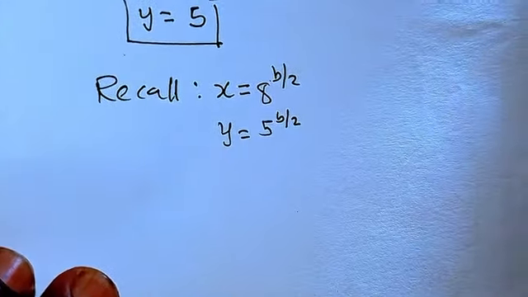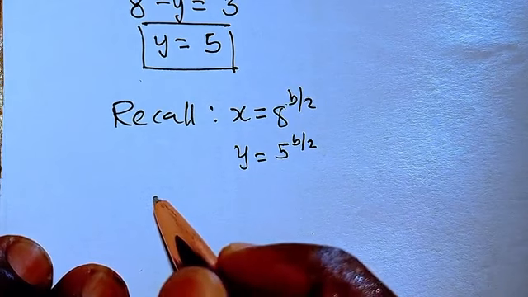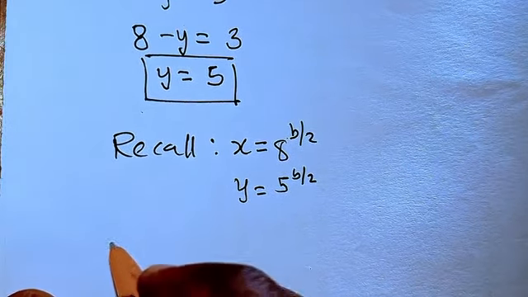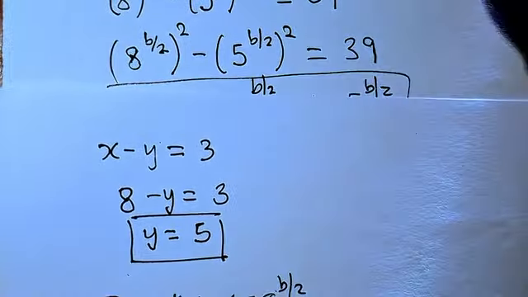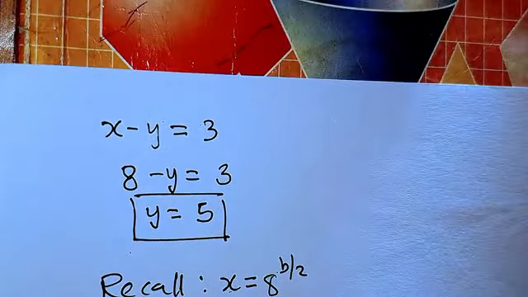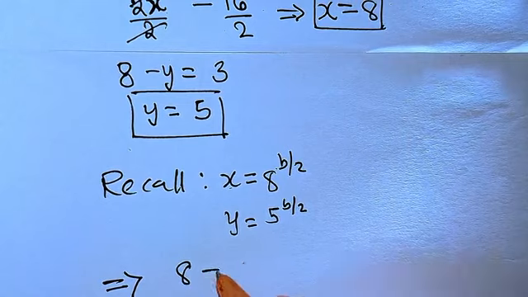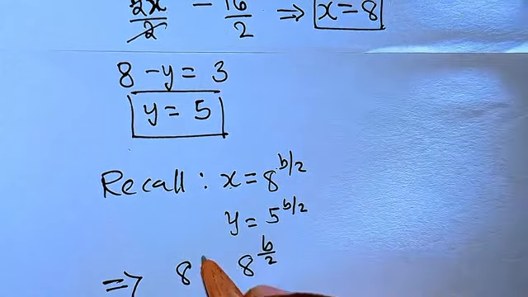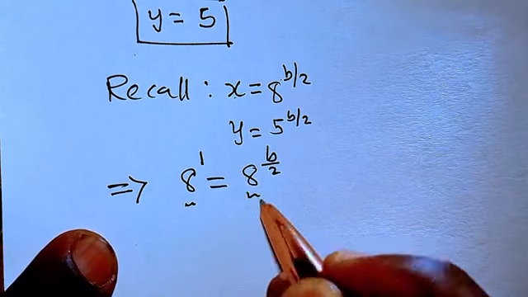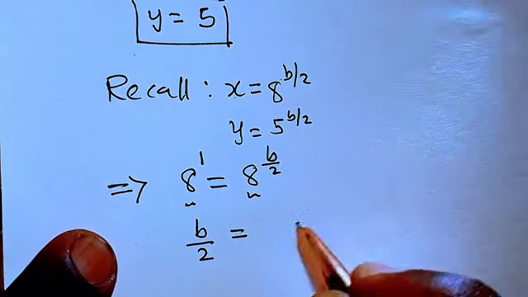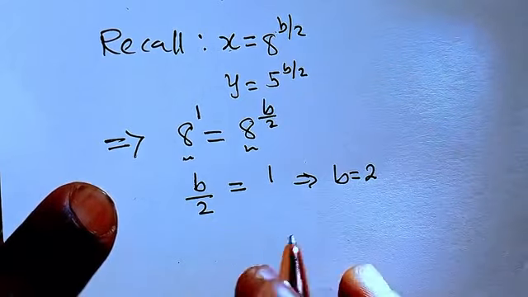So now, since x is equal to 8, we're going to have 8 equals 8 to the power of b over 2, and here this is 8 to the power 1 will give us 8. So therefore from here, since the bases are the same, we have b over 2 equals what? Equals 1, which implies that b is equal to 2, right?